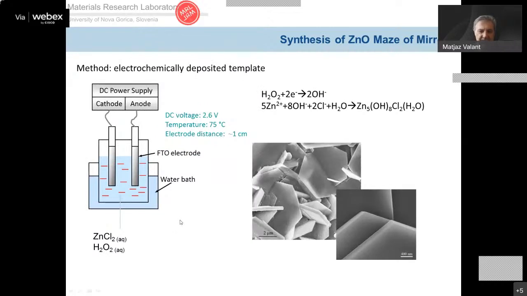So how can it be done? Of course, it has to be done individually for each system. But for zinc oxide, there is a method. We can electrochemically deposit a particular mineral on the electrodes. And if we do this electrochemical process, we will grow on the electrode a maze of such crystals of this composition.